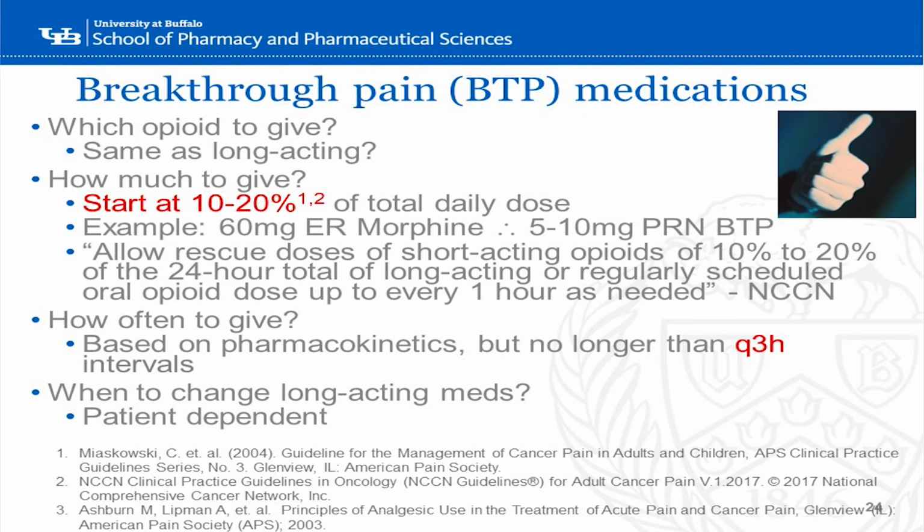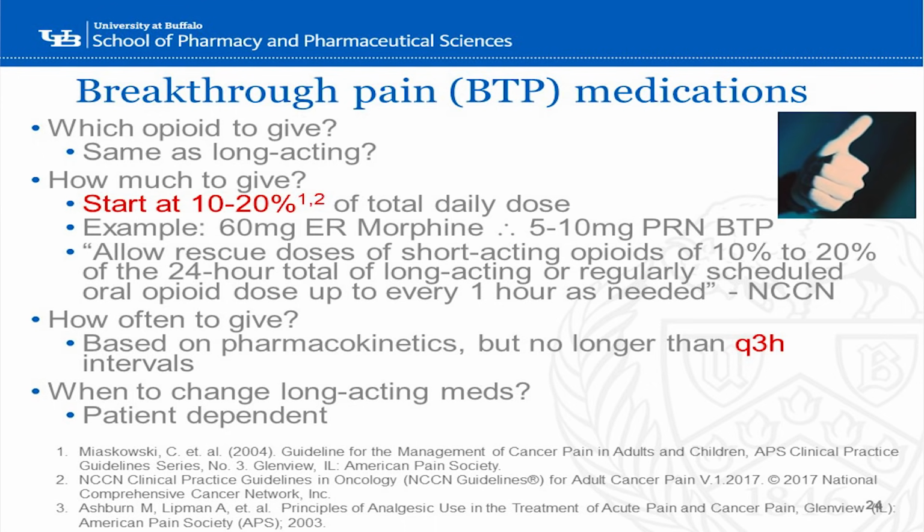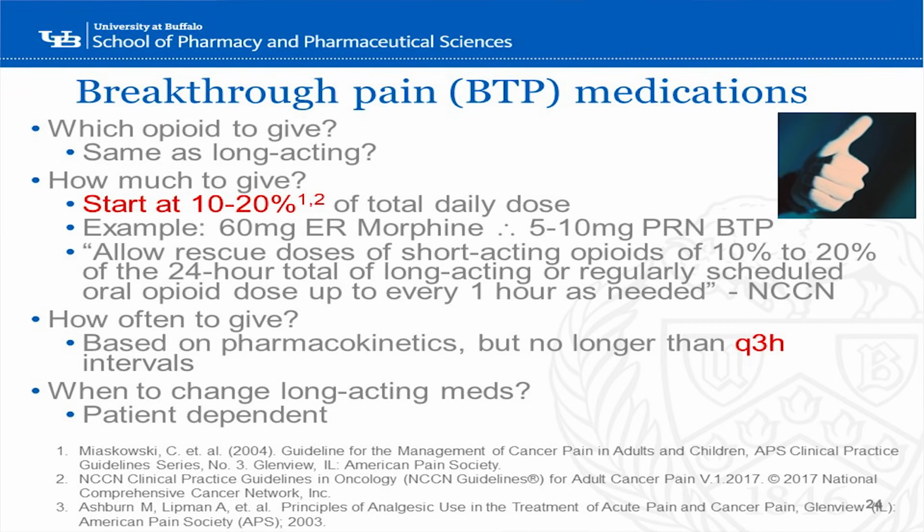The next question that comes up is how much to give. And I've highlighted here, starting at 10 to 20% of the total daily dose is recommended by a number of different organizations and guidelines. So for example, if the extended release morphine dose is 60 milligrams per day, then a 10 to 20% dose based upon available dosage forms is about 5 to 10 milligrams as needed for that breakthrough pain.